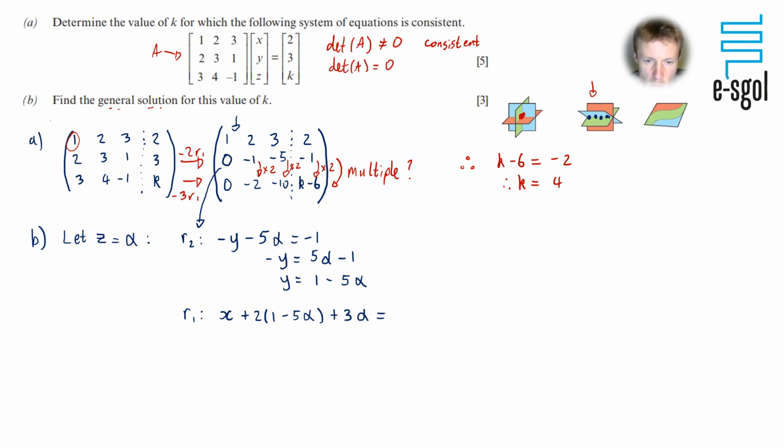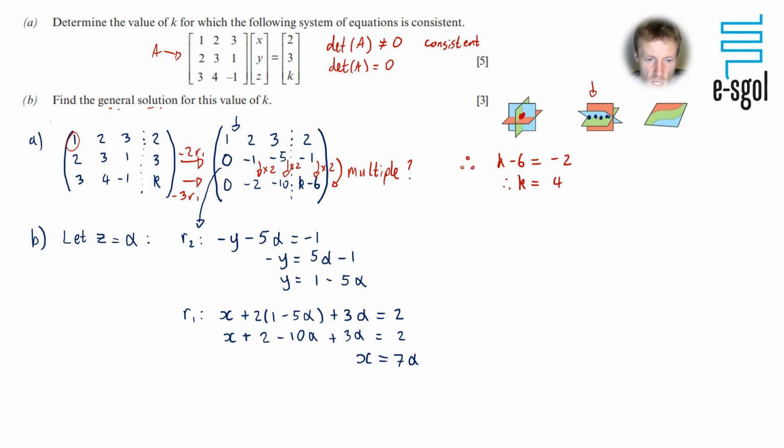Let's multiply out this bracket, so we get 2 minus 10 alpha plus 3 alpha equals 2. And then if we rearrange this and tidy it all up, we get x equals 7 alpha.